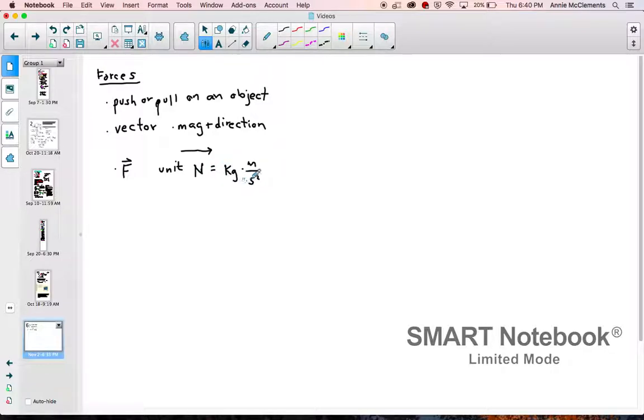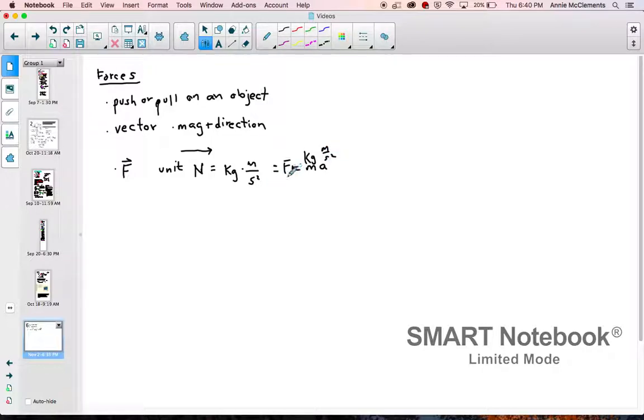This conversion actually comes from an equation you may have seen before: force equals mass times acceleration. Mass can be kilograms, and acceleration we know is meters per second squared.